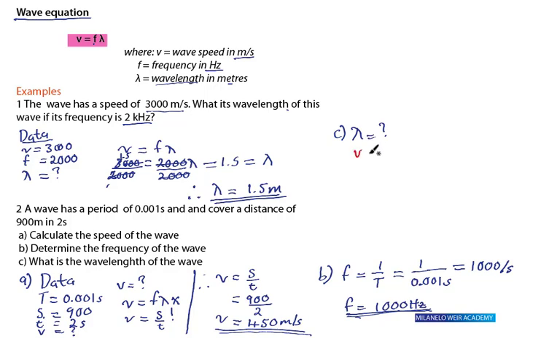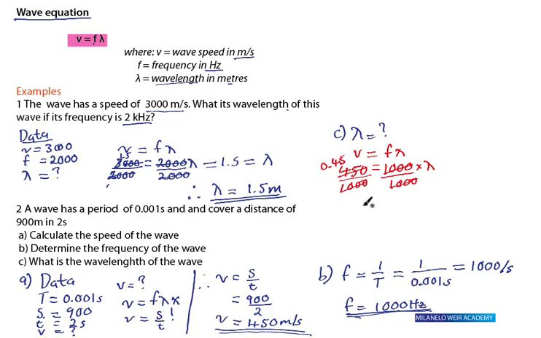Therefore, V is equal to F times lambda. V is 450, frequency is 1000, times lambda. What do we do? Divide both sides by 1000. Dividing both sides by 1000, these cancel out. 450 divided by 1000 is 0.45.